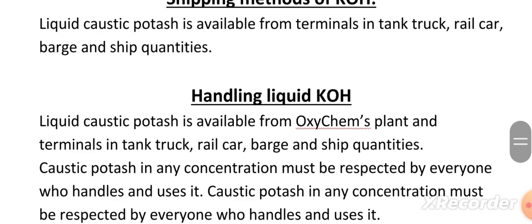Shipping methods of potassium hydroxide: liquid caustic potash is available from terminals in tank, truck, railcar, barge, and ship quantities.